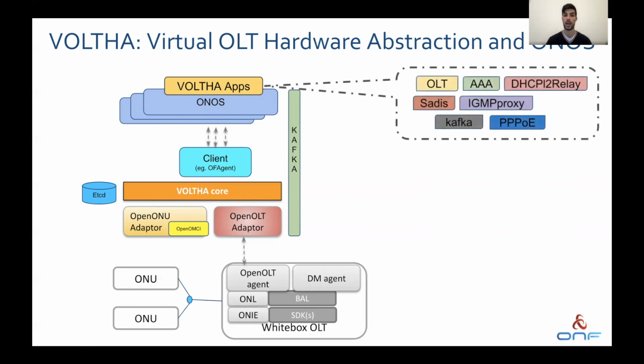This set of applications comprises the OLT application that does flow handling, mainly VLAN tagging, etc. The AAA application for authentication, such as EAPOL. Then we have the DHCP L2 relay for the DHCP packets. And we have SADIS for the subscriber information, such as the VLAN tags and the bandwidth profiles. Then we have the IGMP proxy, Kafka, PPPoE, but also another example that can be added or not, depending on the workflow, is multicast.